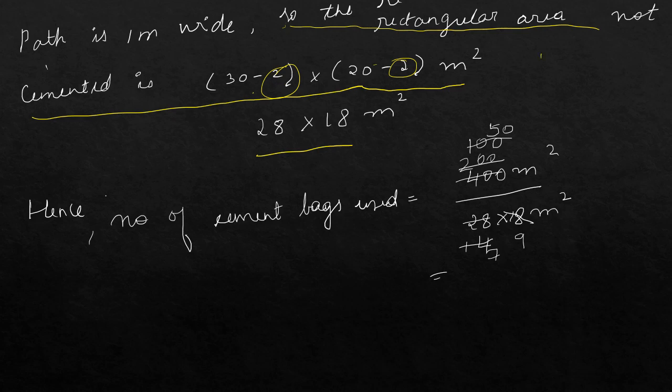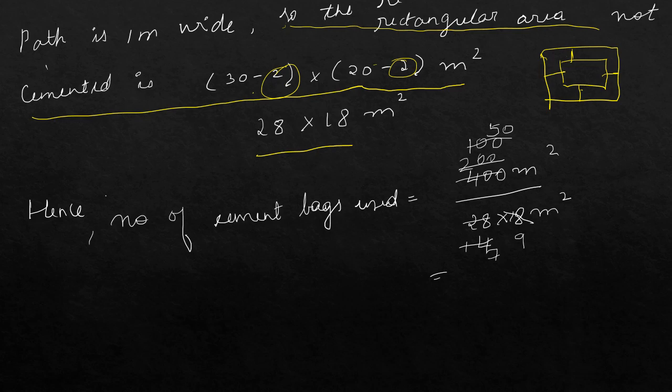The path is 1 meter here, 1 meter there. 1 plus 1 is 2 meter, that we are subtracting. Here also like that, 1 meter plus 1 meter is 2 meter. That we are subtracting. So we'll get 28 into 18 meter square.